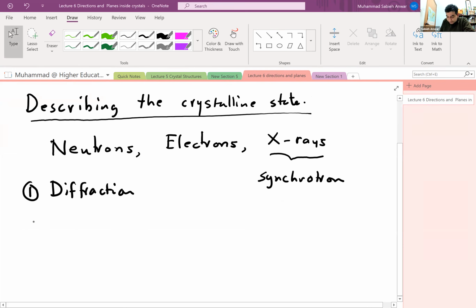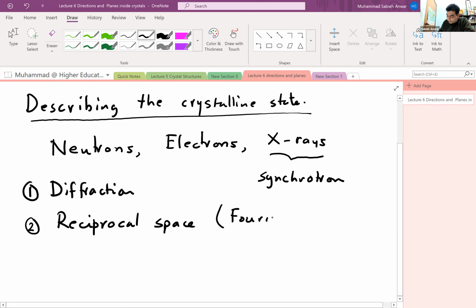But in the process, we'll also describe a beautiful and highly mathematical concept, and that is of the reciprocal space. And in order to understand the reciprocal space, we need to know a little bit of Fourier theory. So that's what we're going to do today and in the next 2 or 3 lectures.